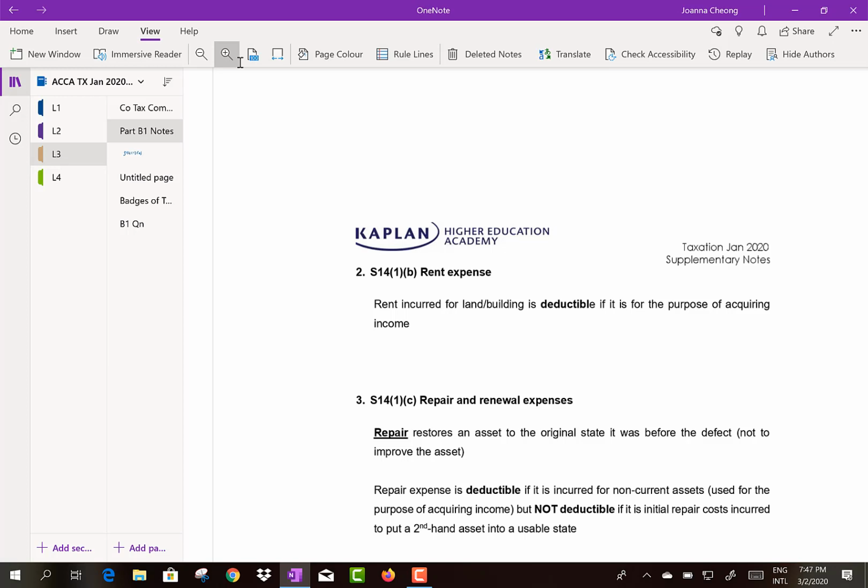Alright, now what about sometimes a company may rent apartment for the expatriate employees, right or not? Alright, now it's a staff benefit, right? So is such rental expense on apartment deductible against the trade income? Yes or no?